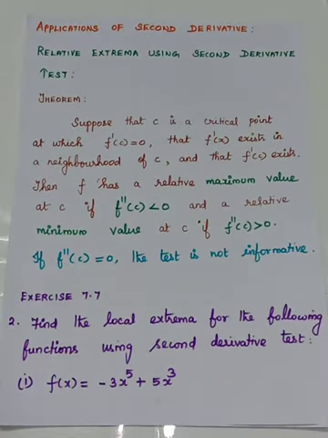Next, you have to find the second derivative, and substitute the points obtained by equating f dash of x to 0, one by one, in the second derivative.